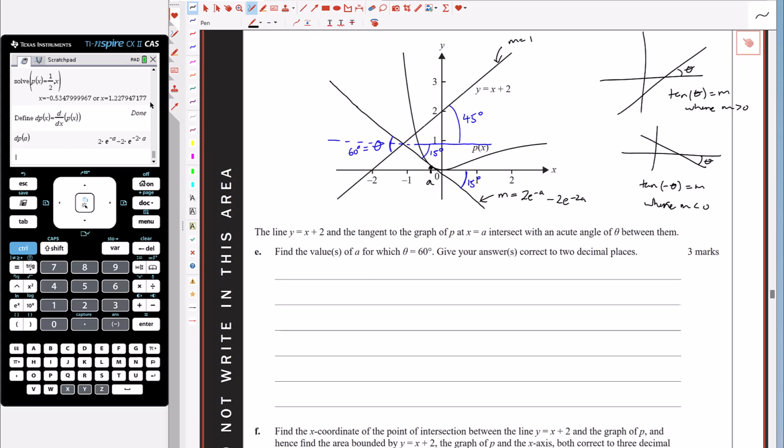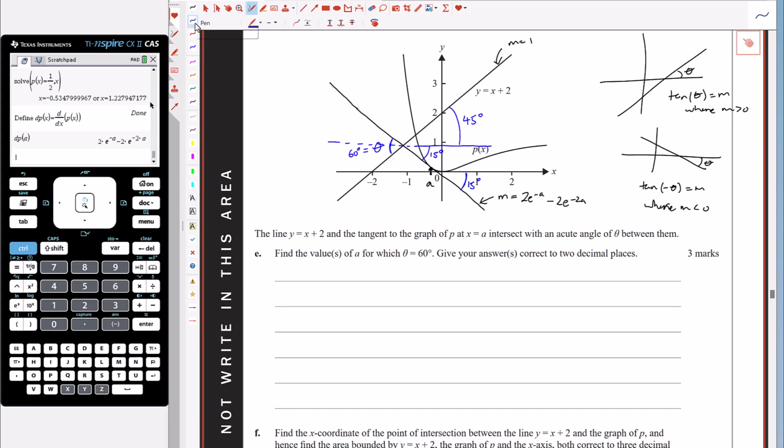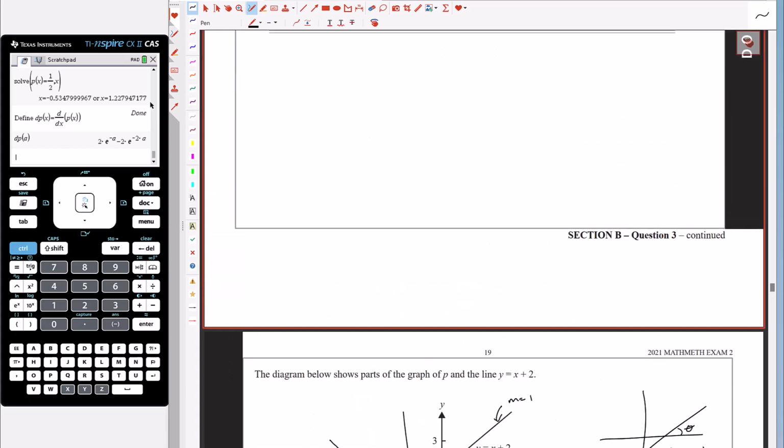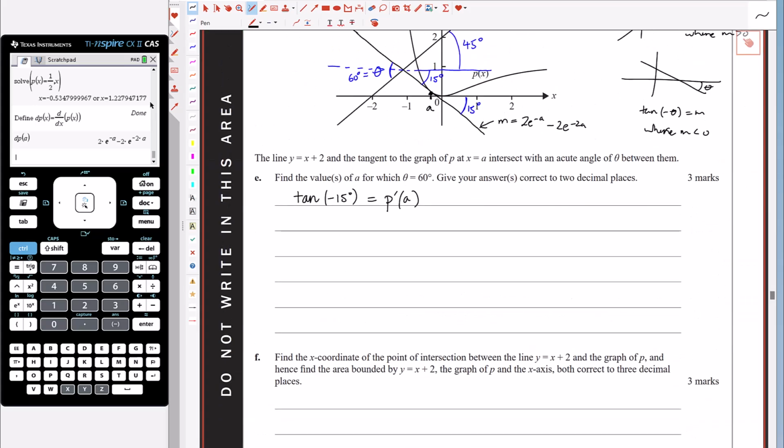Okay, so what I'm going to say here is that we're going to use negative 15 degrees. So we're going to say tan of negative 15 degrees is equal to the gradient of that tangent, which is the derivative of p at a, which is this expression that we found up here. Okay, so when we solve that, I'm going to need to be in degrees because my angles are in degrees.